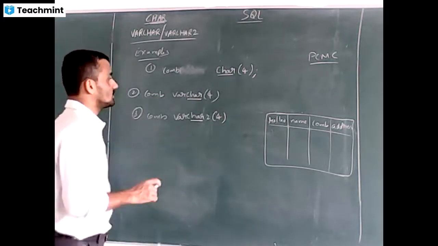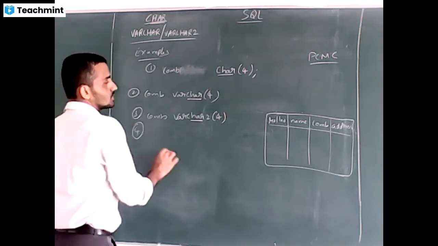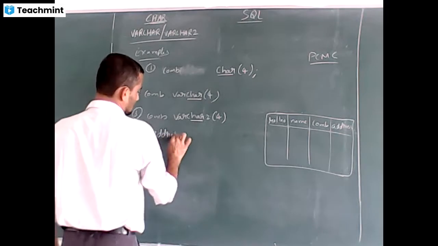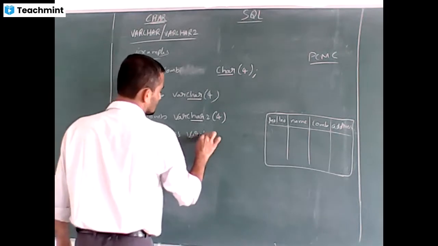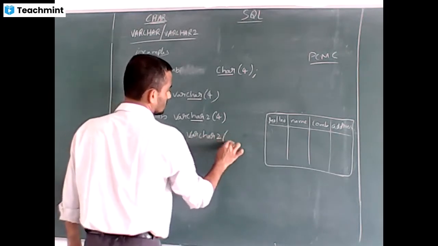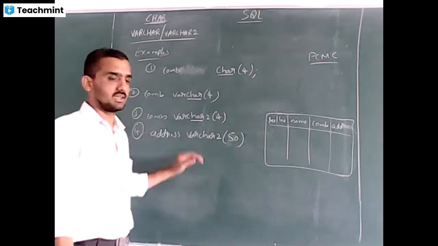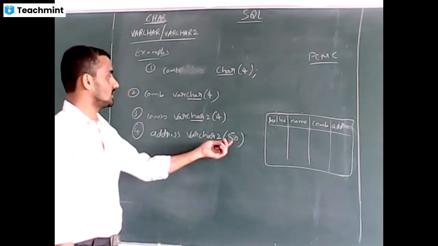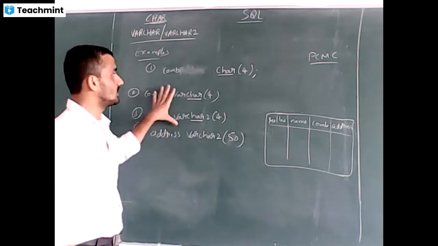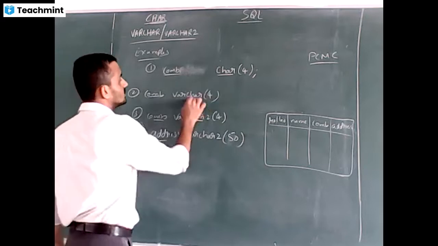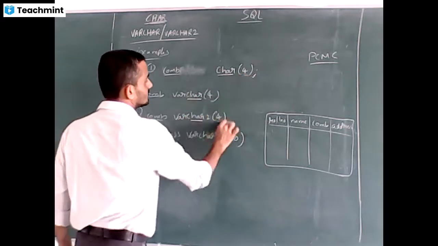Okay. So if you want to store an address column, you can say address VARCHAR or VARCHAR2 of, say for example, 50, because an address contains many lines, many characters. So you can say the size is 50. In this way, we can use the data types of SQL. First, you have to mention the column name, next the data type, and you have to mention the size.